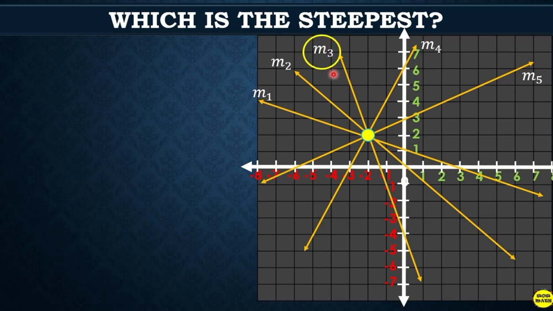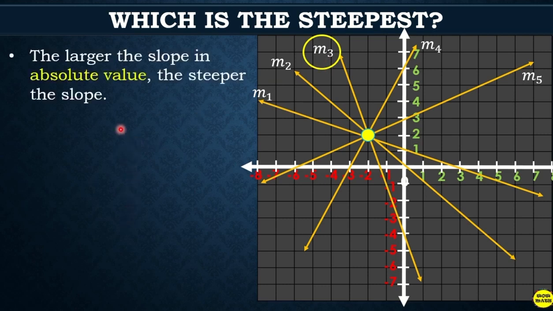Paano tayo makakasigurado na etong slope ni m sub 3 is the steepest? Okay? So, we need to make sure. So, by mere observation, ito yung nakita natin, etong m sub 3 na line. Okay? So, paano natin malalaman na ang m sub 3 na to, yung slope ni m sub 3 na line, ay ito yung pinaka-steepest. So, kinuha ko yung mga slopes nila.